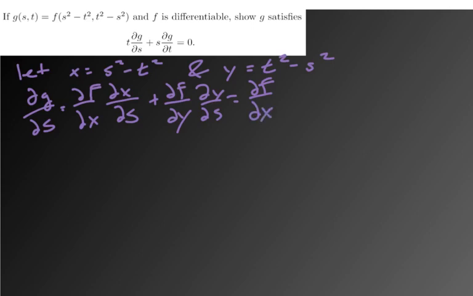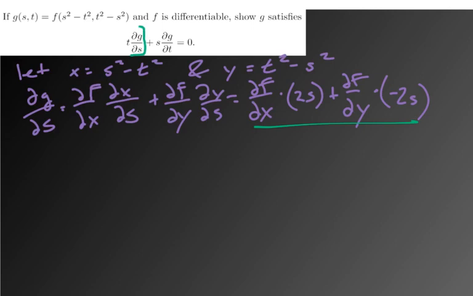So we can write partial of f with respect to x, but now we do have x with respect to s, right? Which is going to be 2s, and then the minus t squared part goes away. And then likewise, we have the partial of f with respect to y, which we don't really know, but we know it's differentiable. And then we multiply by the partial of y with respect to s. So that's going to be just minus 2s, okay?